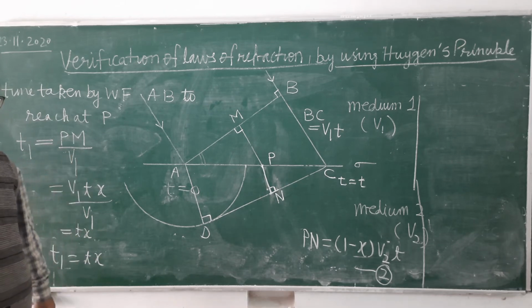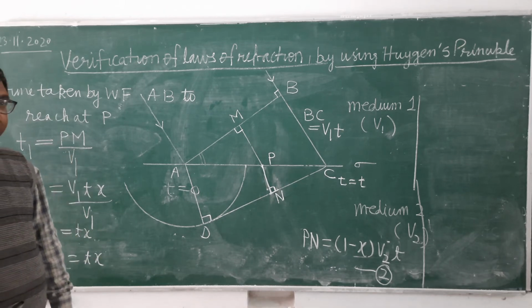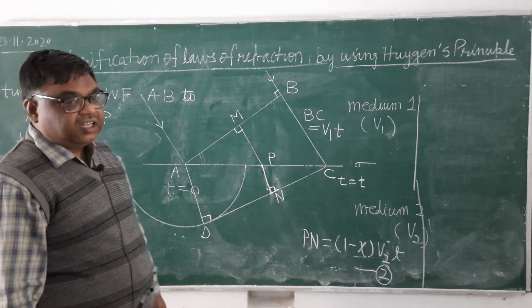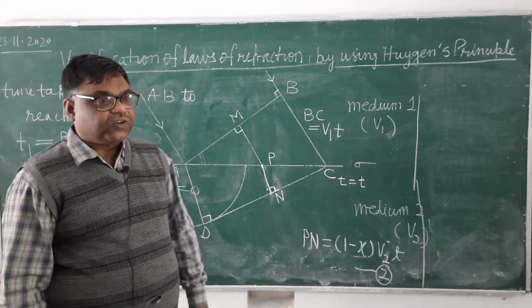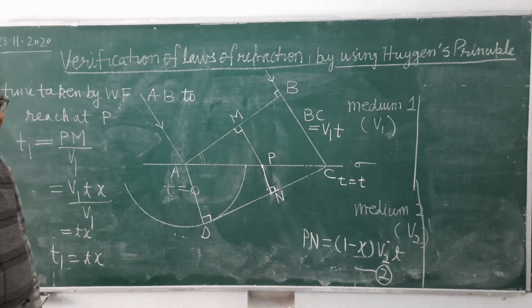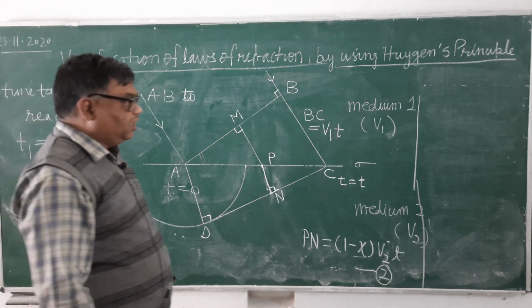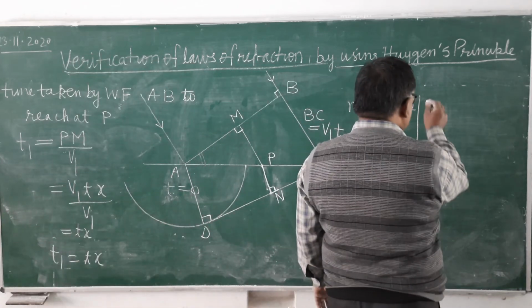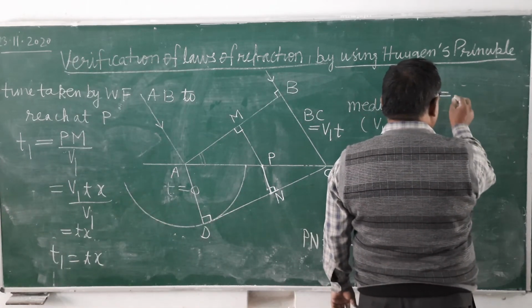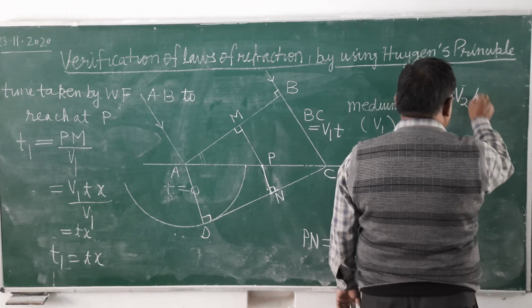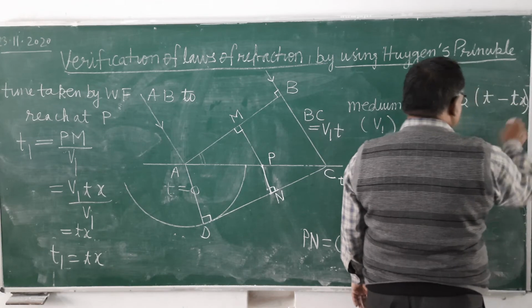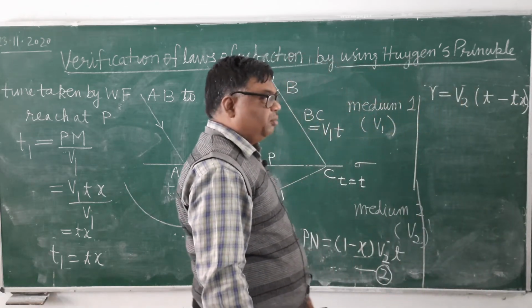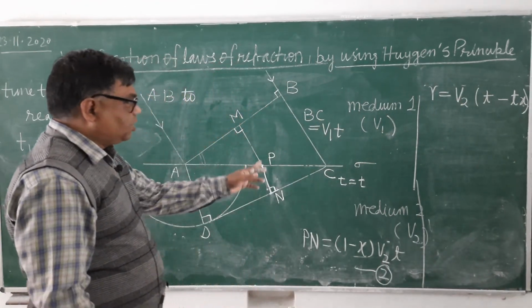Have you noted this point, that point P will become the source of secondary wave? Therefore, the radius of the hemispherical wavefront emitted from P at time t is given by this. Is it clear?